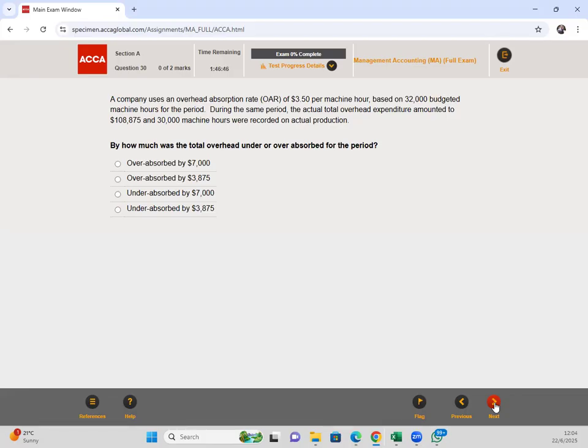By how much was the total overhead under or over absorbed? So we want to calculate whether there was an under or over absorption.